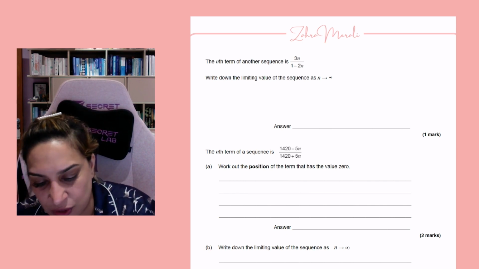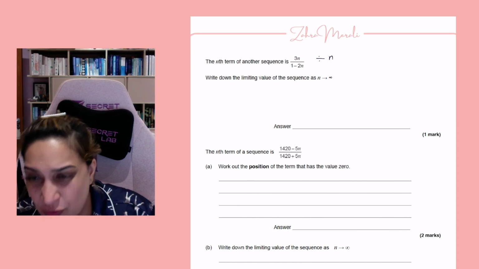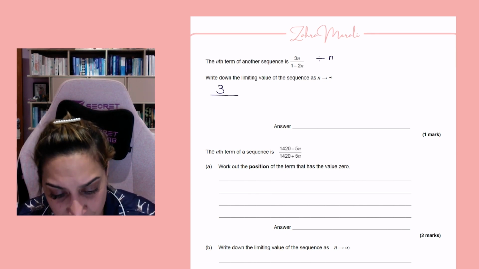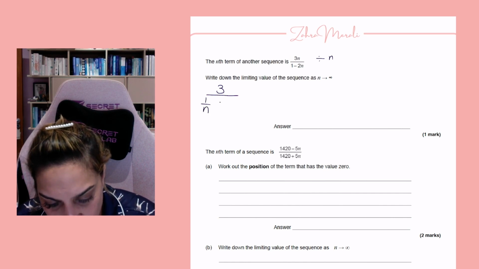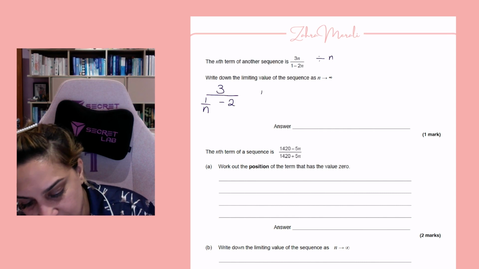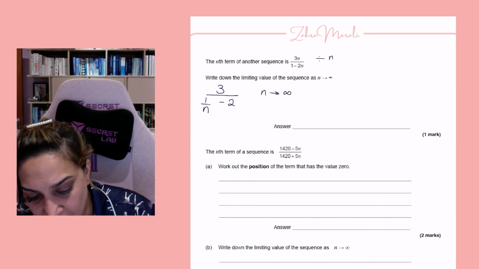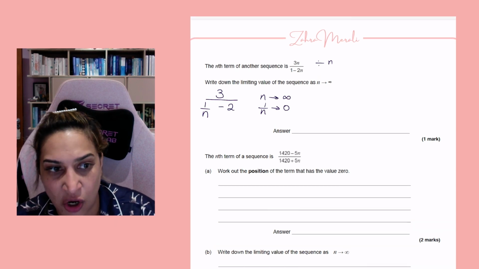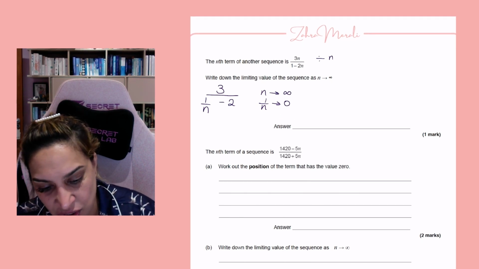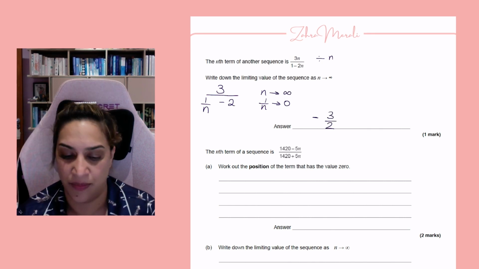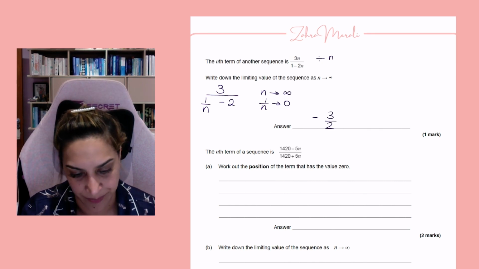But what we're going to do is divide every single thing by n. So the top one's going to be 3n divided by n, 1 over n, because as long as we do something to everything, it makes sense. Now as n gets bigger and bigger, 1 over n goes towards 0. So then my whole thing must go towards minus 3 over 2 because the 1 over n terms go towards 0.